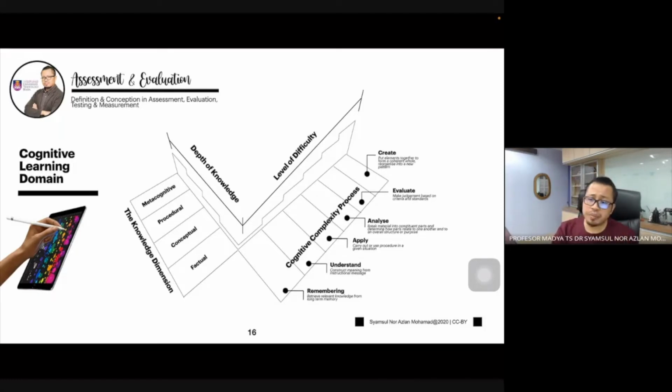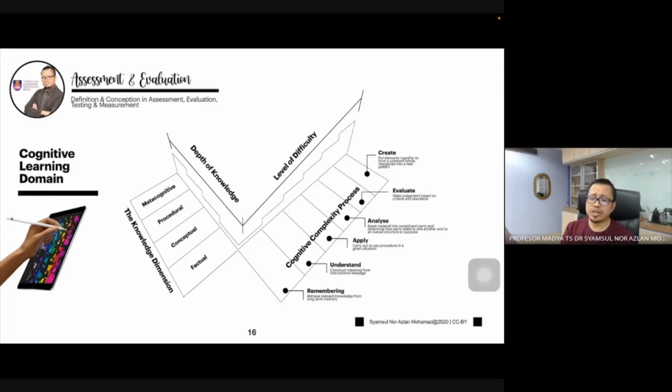So meaning that maybe I can design 40 MCQ questions based on the factual, maybe five short essays based on the conceptual, maybe one long essay on the procedural or metacognitive. So when you are designing your questions, you know that your question has been packaged by the complexity process and also the knowledge dimension.